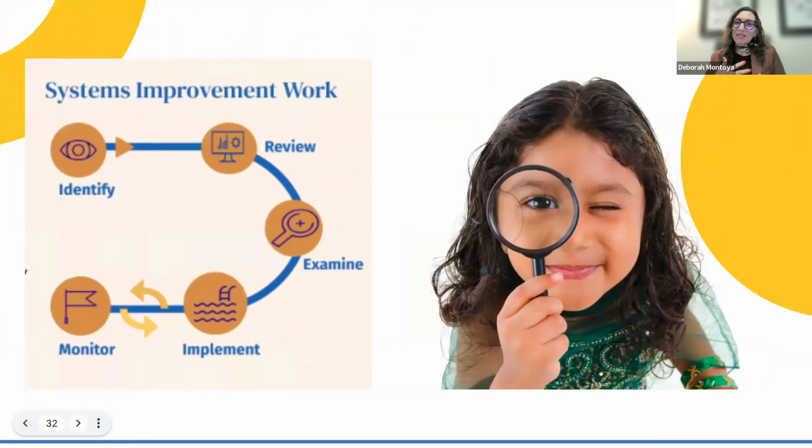So, as critical partners in this work, I want you to reflect on where will you get started? What data points are you going to uplift and highlight as a member of your multidisciplinary team? Where will you get started in this system improvement work as you identify the data? Who are English learners? Who are students with disabilities? And who are our dually identified students?